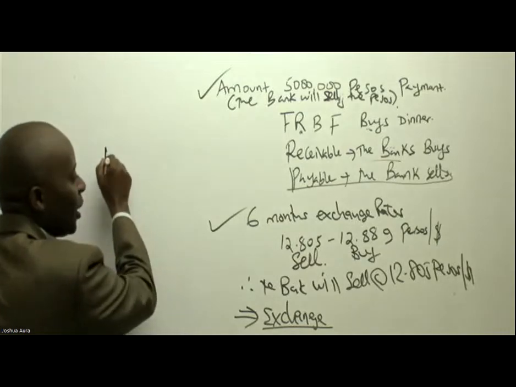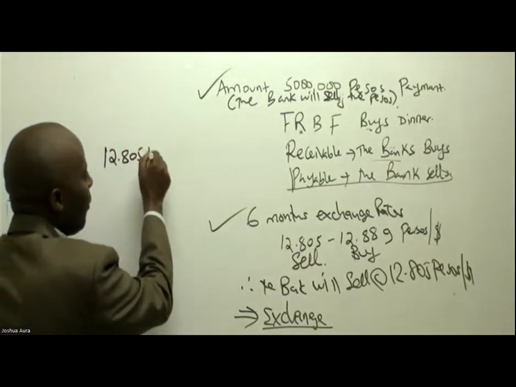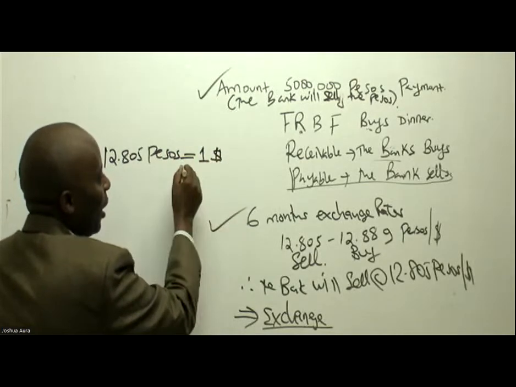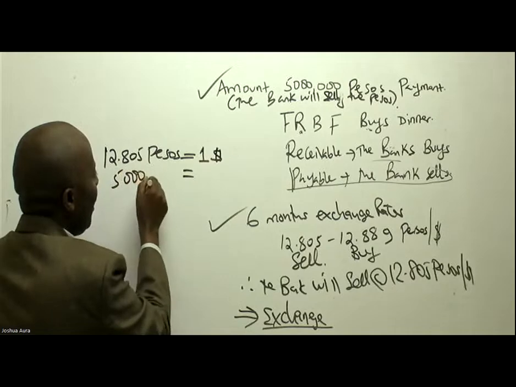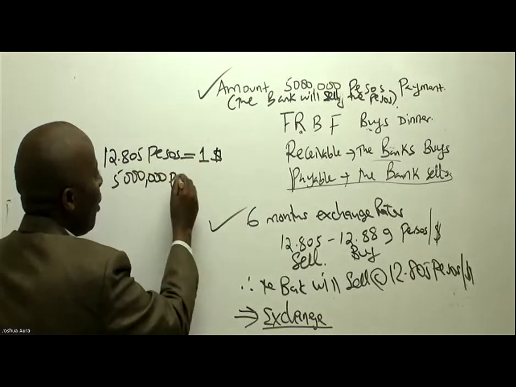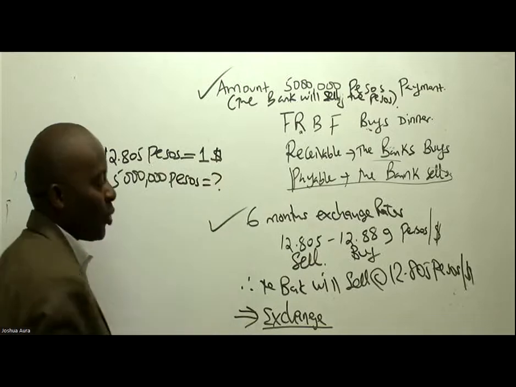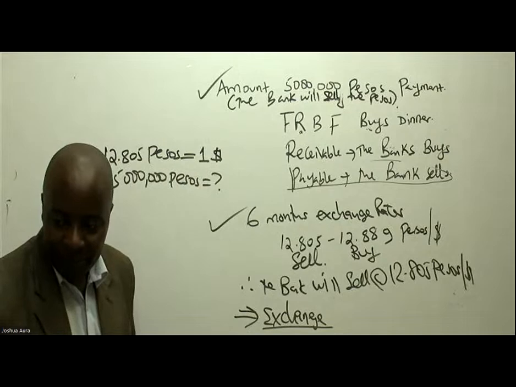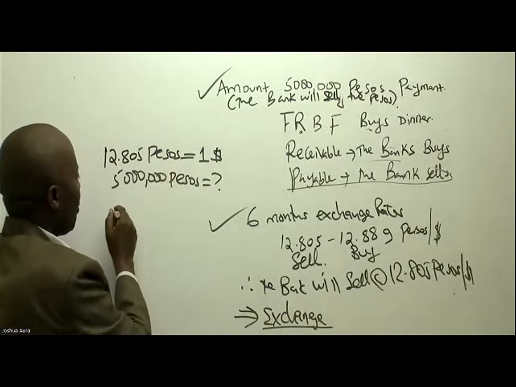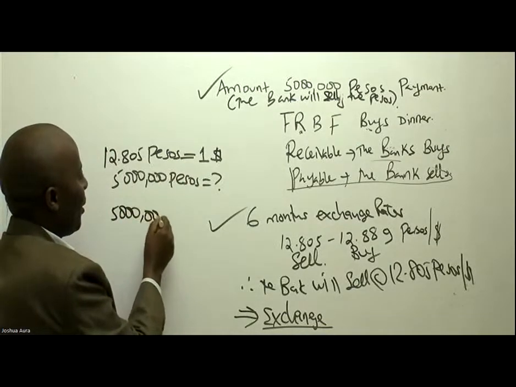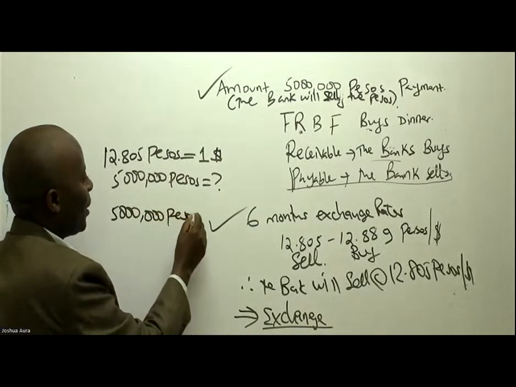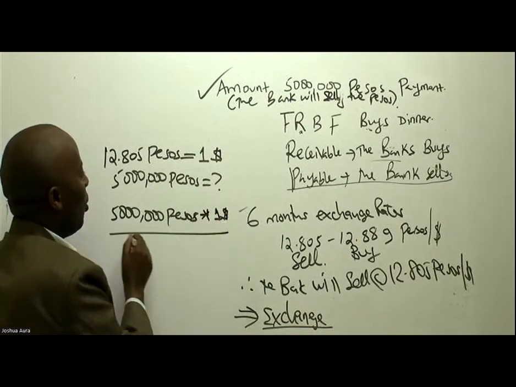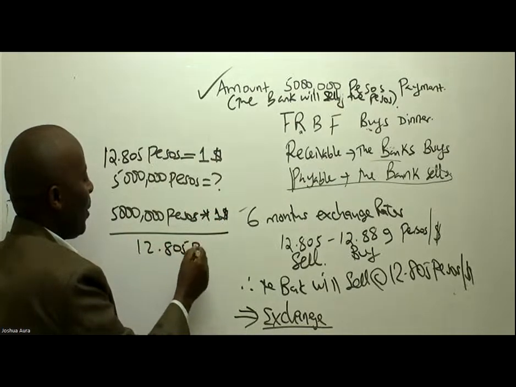So when you're exchanging, it is 12.805 pesos equals $1 US. How about 5 million pesos? So please go ahead and cross multiply. It will be 5 million pesos times $1 all over 12.805 pesos.